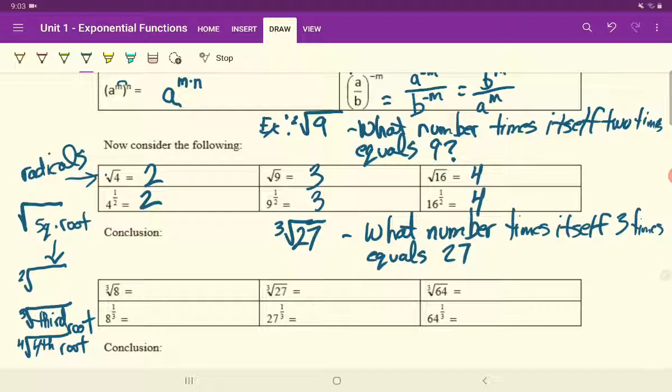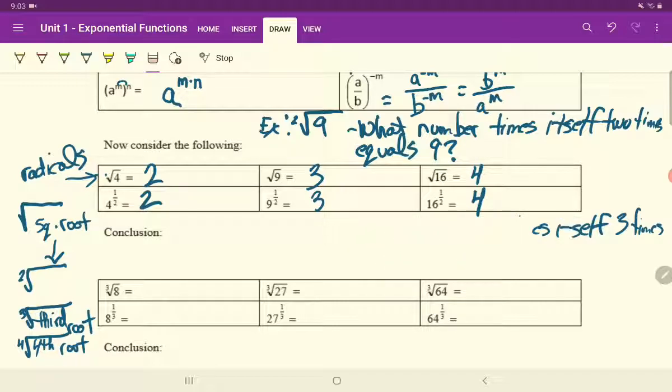Okay? So I'm just going to erase this here, and let's write out a conclusion.